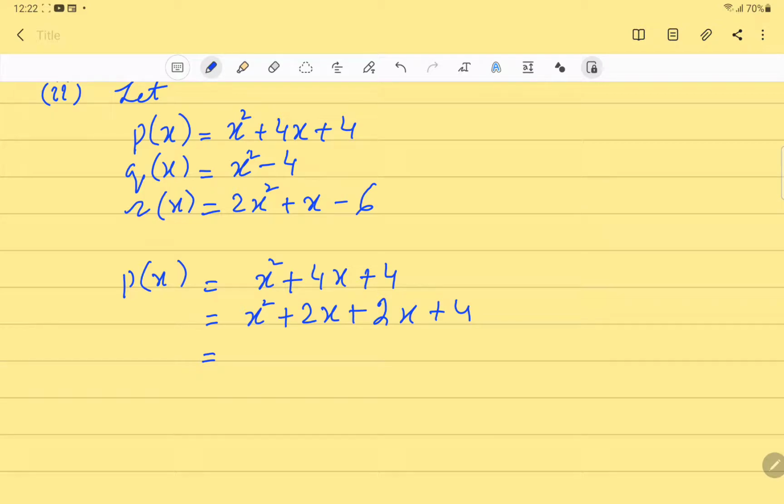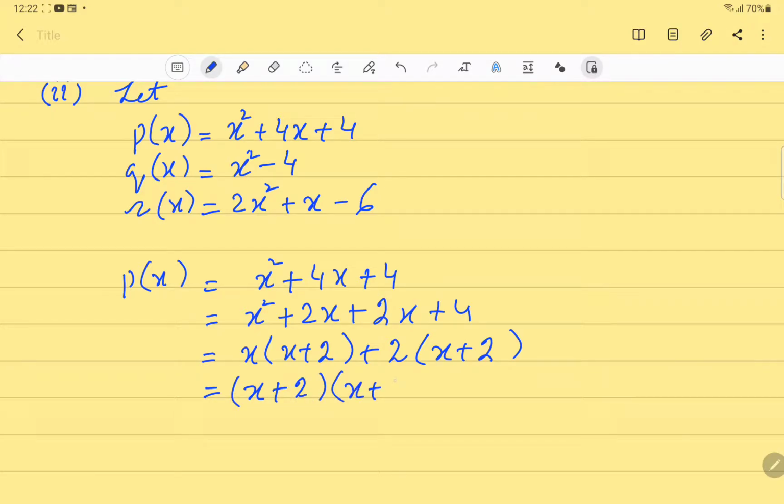Now in the first two terms x is common, and in the second two terms 2 is common. Now in both the terms x plus 2 is common, and in the bracket also we are getting x plus 2. So this is our factorization of the first expression, which is px.